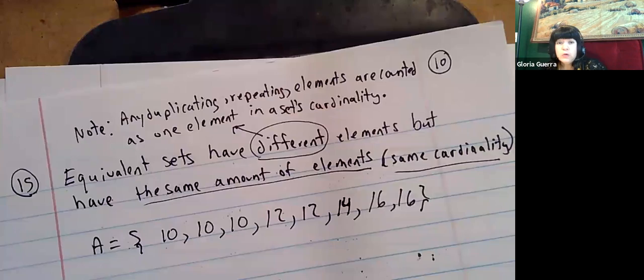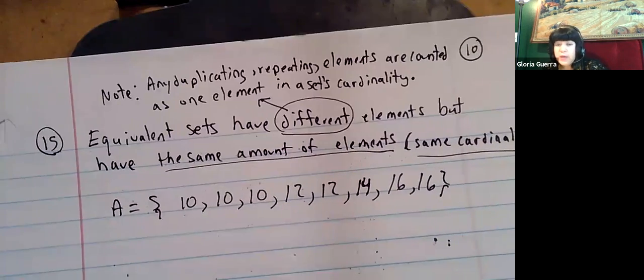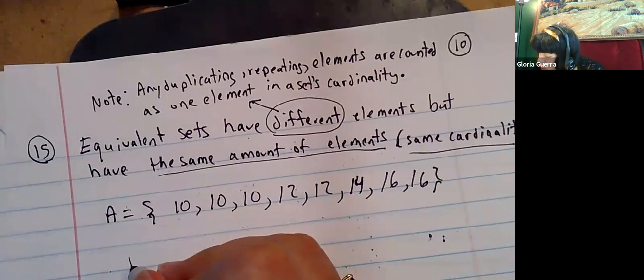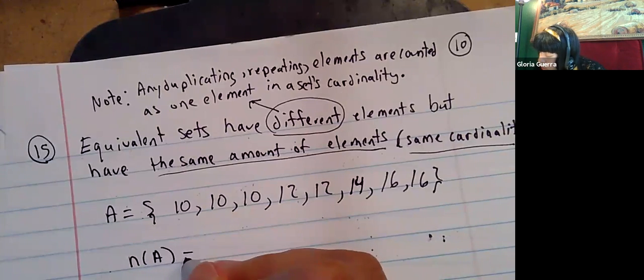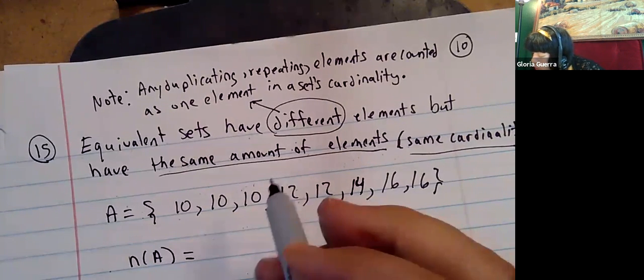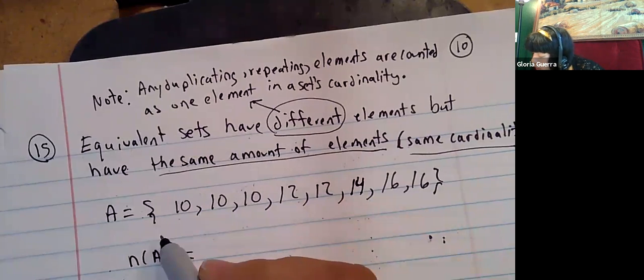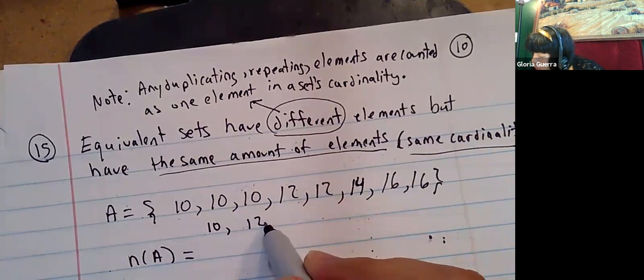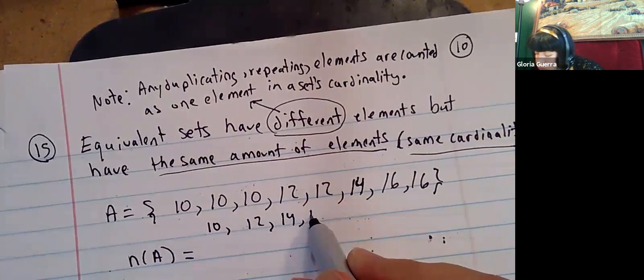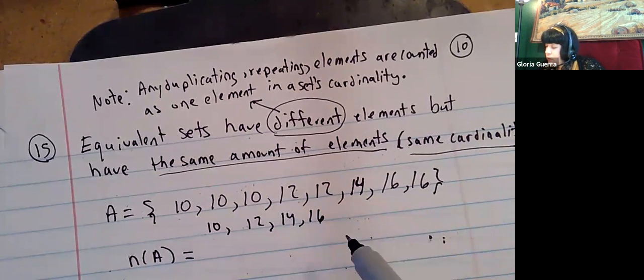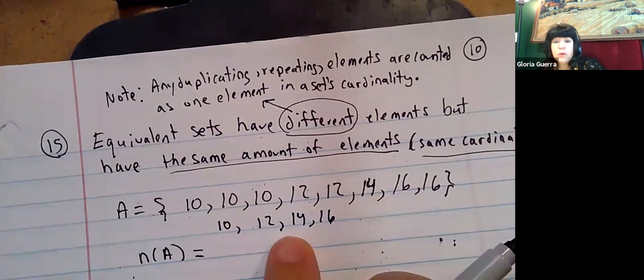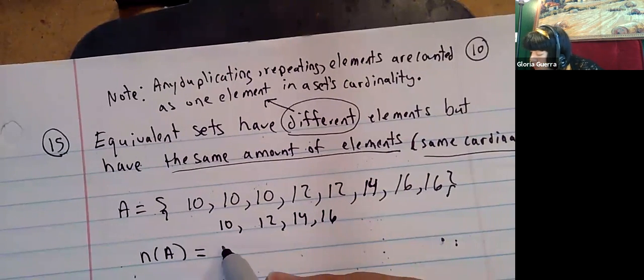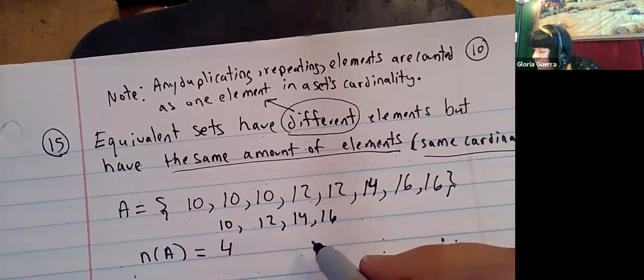So in your notation then for A, N of A, that means here we're going to count this as 10, 12, 14, and 16. 1, 2, 3, 4. So we're going to say N of A is 4.